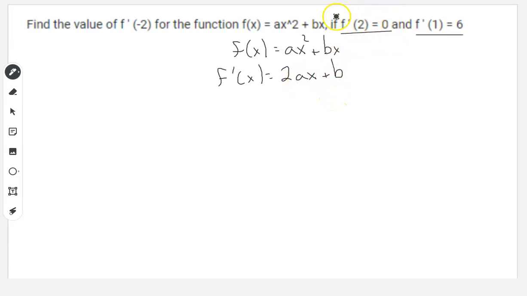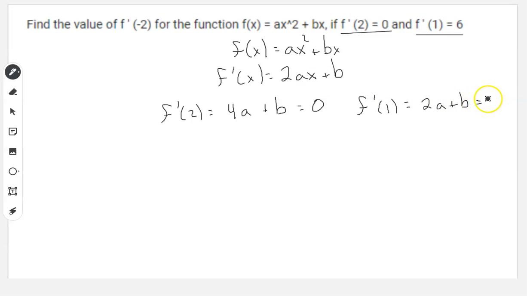And now let's use these pieces of information. So we know f prime at 2, let's substitute 2 in for x. So 2 times 2 gives us 4a plus b. That's going to equal 0. And then we also know the derivative function at 1, so if we substitute 1 in for x, we just get 2a plus b.